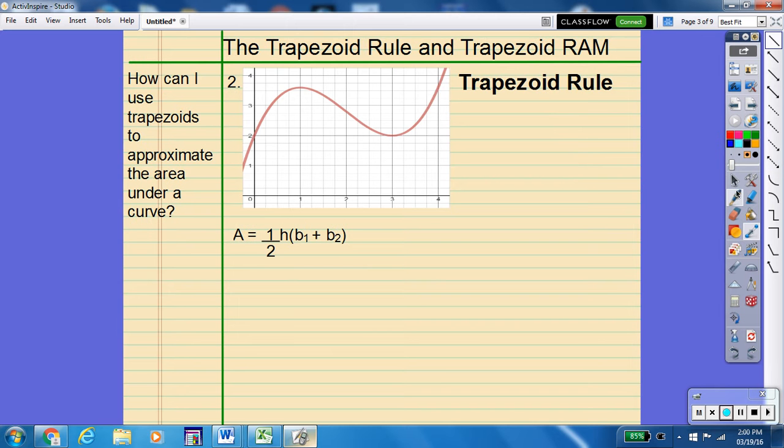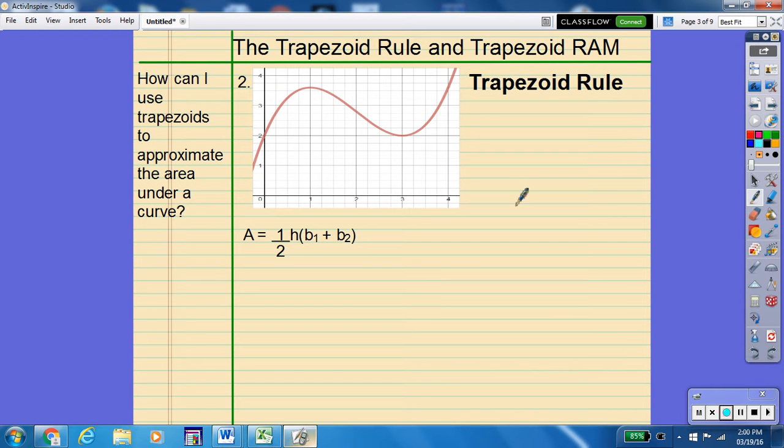Well, actually, before that, I'm going to label my axes. So we're going to draw our first trapezoid. We're going to start it at 0, but instead of 0, we're just generically going to call it x sub 0. Then we're going to go to 1, and we're going to call that x sub 1. Then we're going to call 2 x sub 2, x sub 3, and x sub 4.